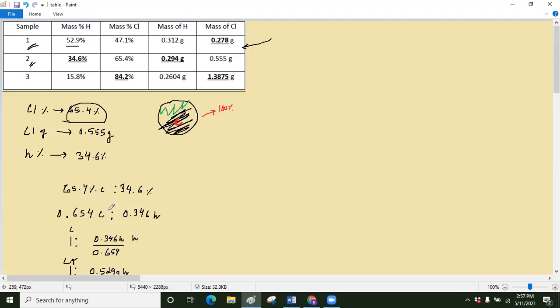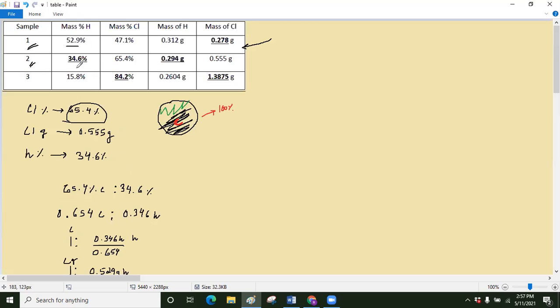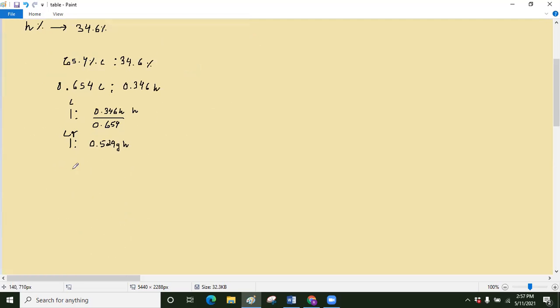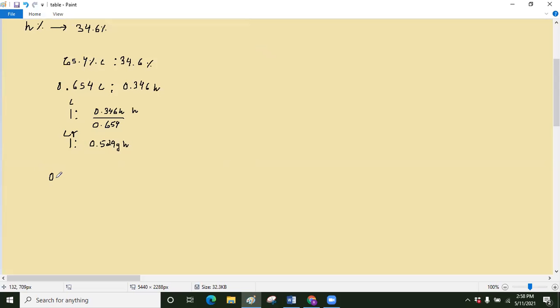And so it's simple then to find the mass for hydrogen, right? We can use, again, a conversion factor. For every 1 gram of chlorine, we have 0.529 of hydrogen. I know the mass of chlorine, so let me start with that. The chlorine mass in this case is 0.555 grams of chlorine.